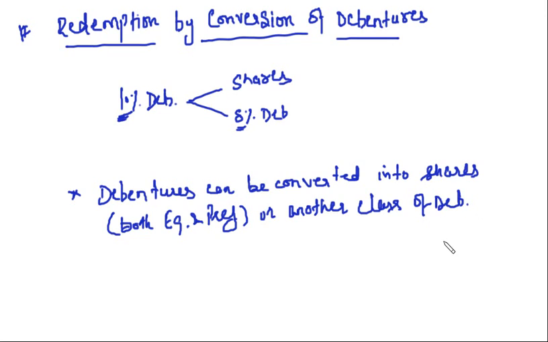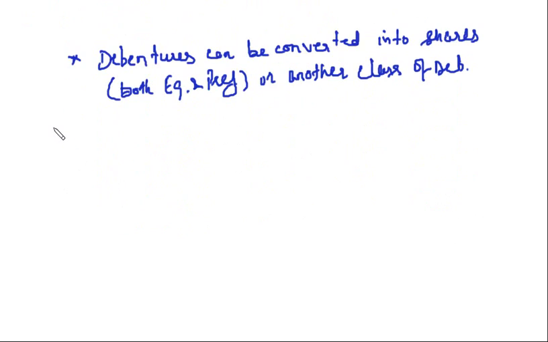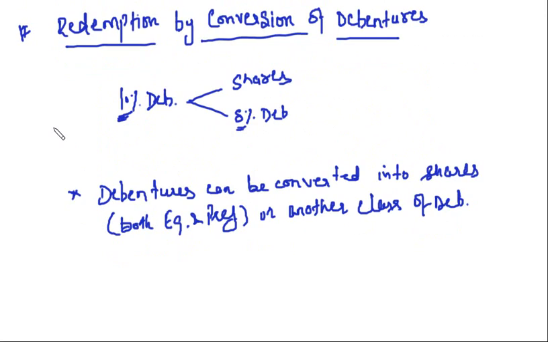Now, 2-3 provisions are important regarding this. If you remember, at the time of DRR, I told you that DRR is to be created on the non-convertible part of debentures.